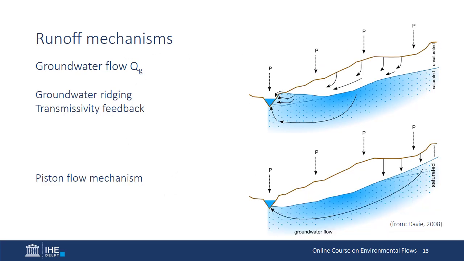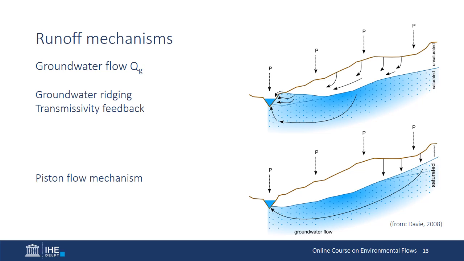The third important runoff mechanism, next to overland flow and interflow, would be the groundwater flow component. In a normal situation, we would have an exfiltration of groundwater towards the stream, which we call base flow. That is what we've discussed before. Now during rainfall events, we can have additional groundwater flow components kicking in.